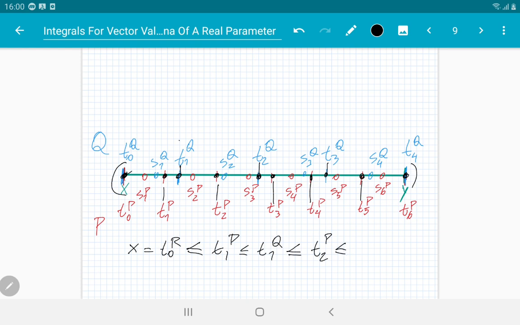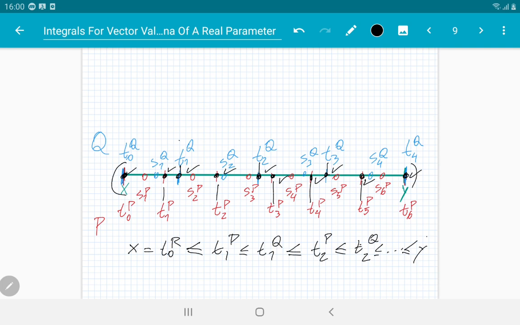So this is the first, second, third, fourth, fifth, now is T2Q, and you can continue if you like. Right, so this would be the fifth, this is the sixth, seventh, eighth, ninth. The last one is always Y. So these are the points of R.